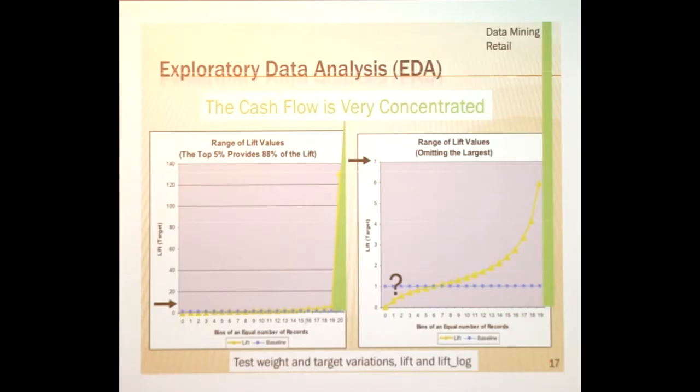Out of all my records, if I multiply all the items times all the store locations, the top 5% of the records had 90% of the opportunity, the value. So there was a lot of focusing on getting my predictions right for that 5% of the records. So the cash flow, I would call that, would be very concentrated.